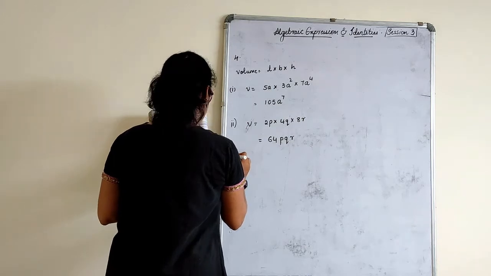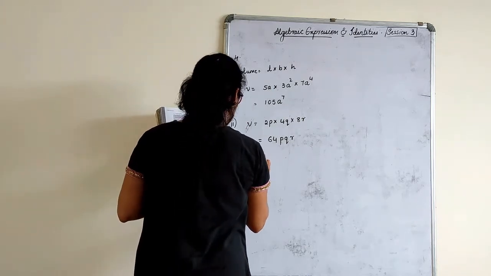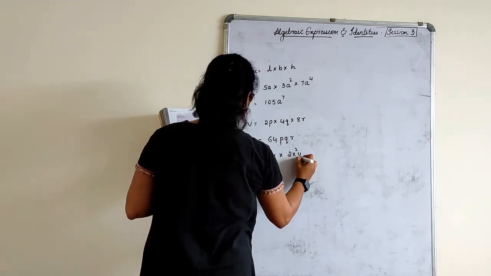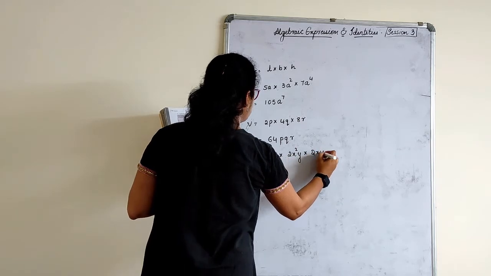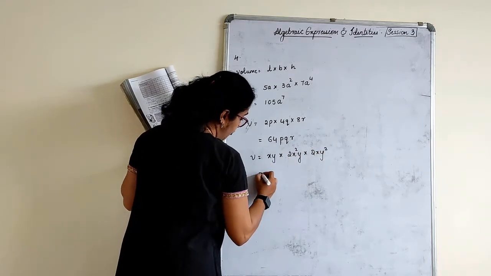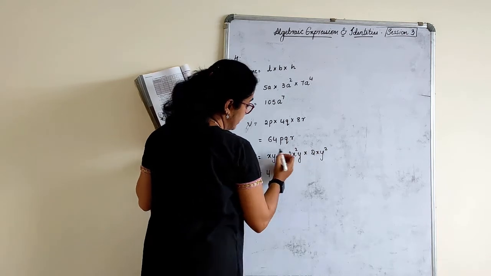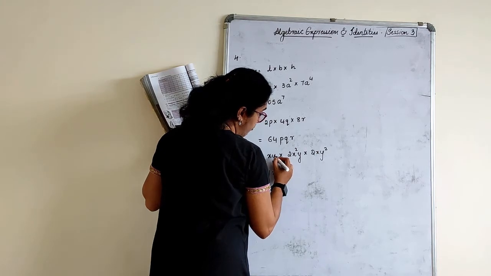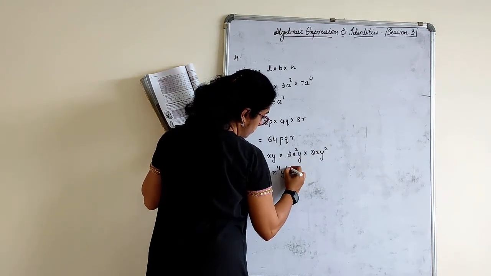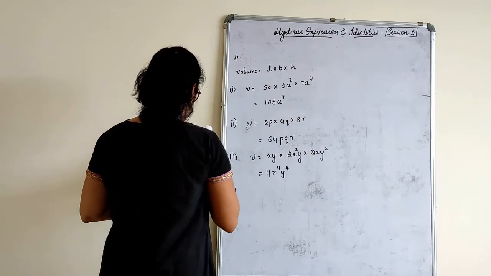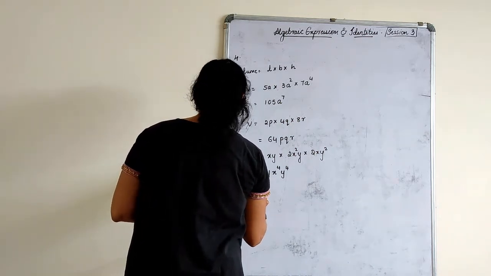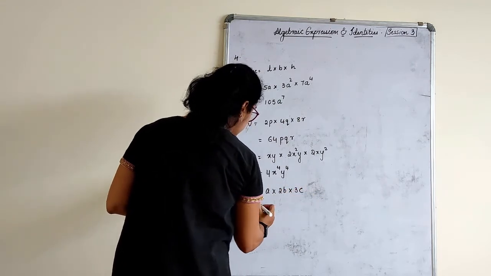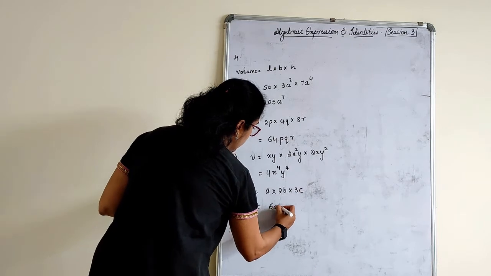Third one, volume is equal to xy into 2x square y into 2xy square. So 2 twos are 4. X how many times? 1, 2, 3, 4. X 4 times. Y 1, 2, 3, 4. Fourth one, volume is equal to a into 2b into 3c. So this is 6abc.